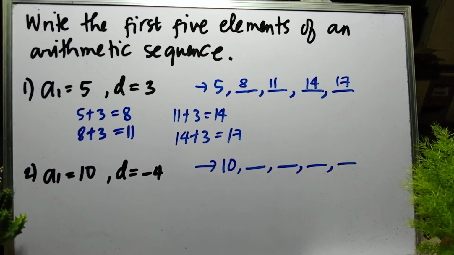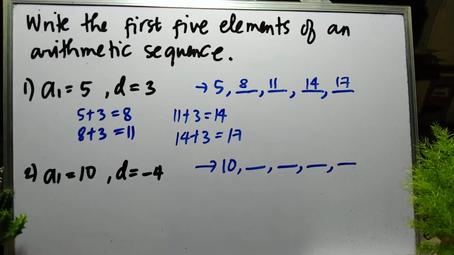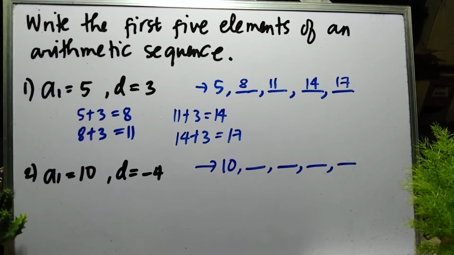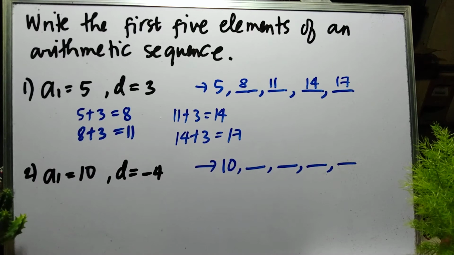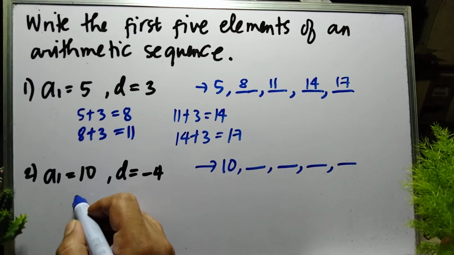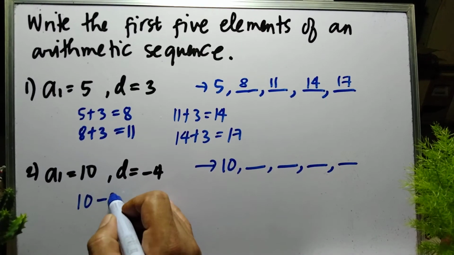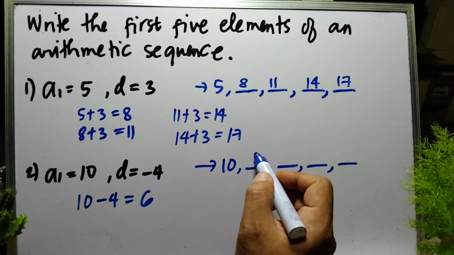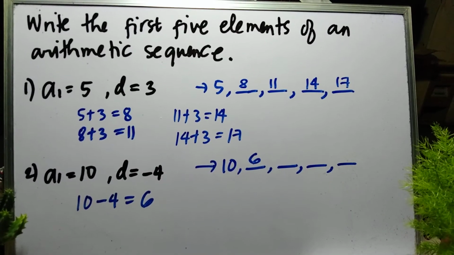Now, again, it is just the same on how we solve example number 1. Since the common difference is negative 4, all we need to do here is first you subtract 4 from the first element. So meaning 10 minus 4 is equal to 6, and that would be your second element. Okay, can you follow?